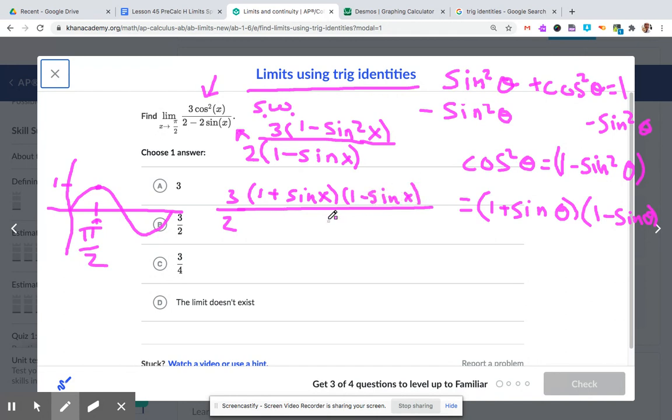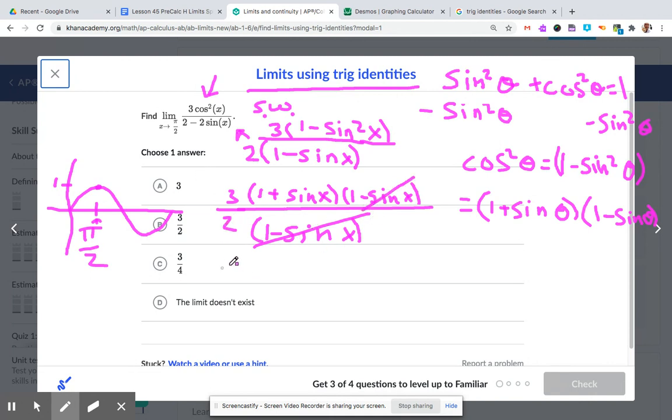So it just comes with practice and working with these. I know trig identities are tough. Just put a little time into it, bounce around, look through the hints, see if that helps you. 1 minus sine of x, and I have now gotten to a point where I can cancel out the issue.